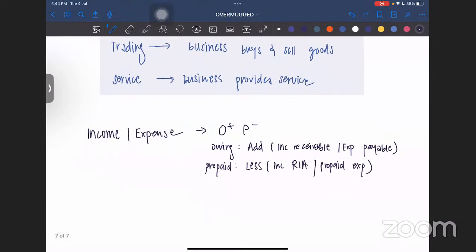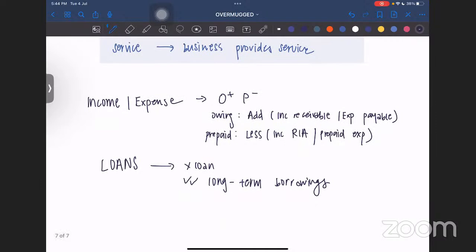Okay, next one will be on loans. Okay, normally loans, first of all, you do not write the word loan. You write the word long-term borrowing. That's the first thing you need to know. Okay, then for amount that you're gonna pay next year, you will just take it out as a non-current, what am I writing?